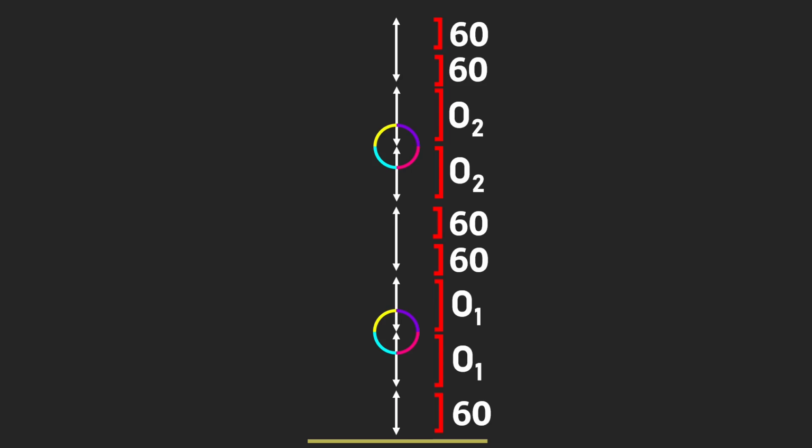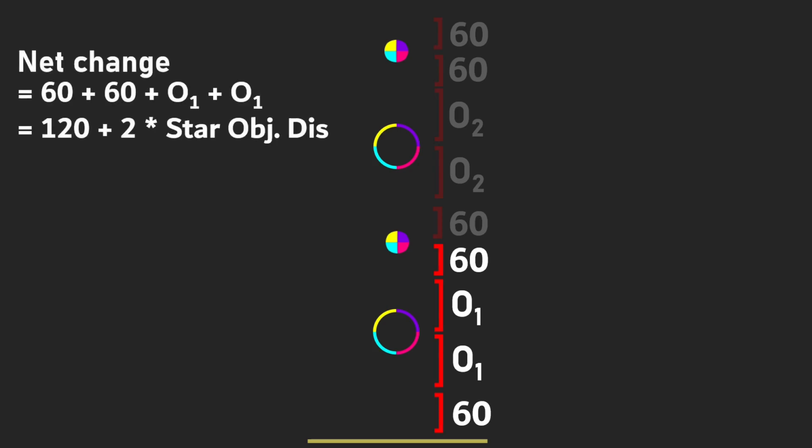The place where I would like to place the color switcher is in the middle of the additional gap. So it would be in these positions. We can now see that the location after the origin would be 60 plus O1 plus O1 plus 60. This simply simplifies to 120 plus 2 multiplied by O1.